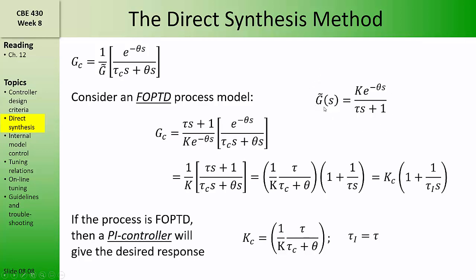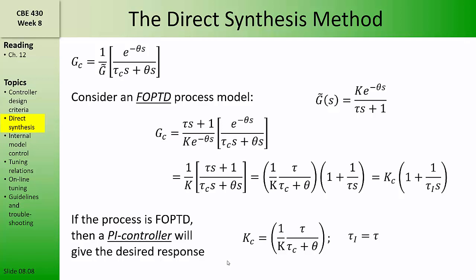So if the process model G tilde is an FOPTD model, then a PI controller will give the desired feedback control response. The reset time tau I should be chosen equal to the time constant in our FOPTD model, and the controller gain Kc is based on the gain, time constant, and time delay of the G tilde model, and the desired value for the closed loop response time constant tau c.